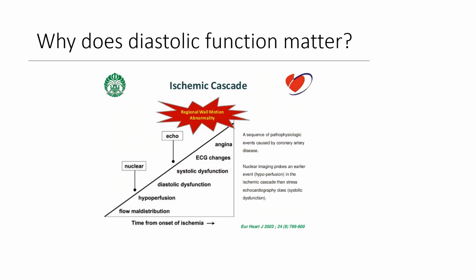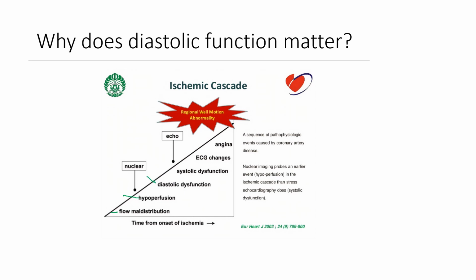Why does diastolic function matter? So, in a sequence of what happens during coronary ischemia, first you get a maldistribution of flow and hypoperfusion of the coronary arteries and hypoperfusion of the myocardium.